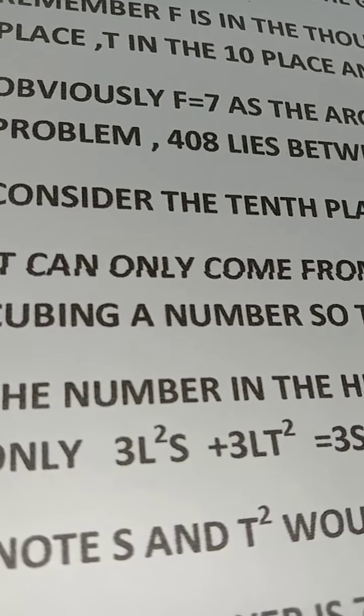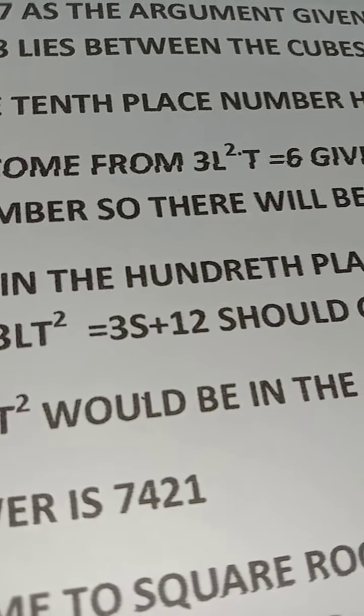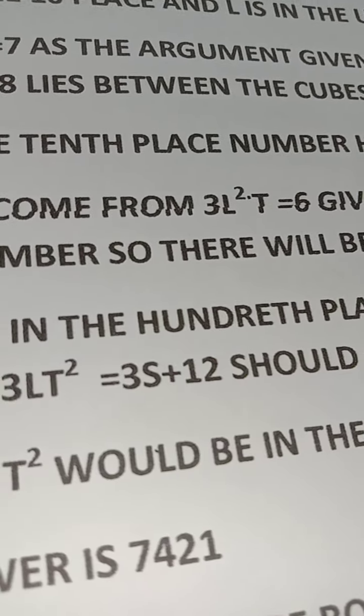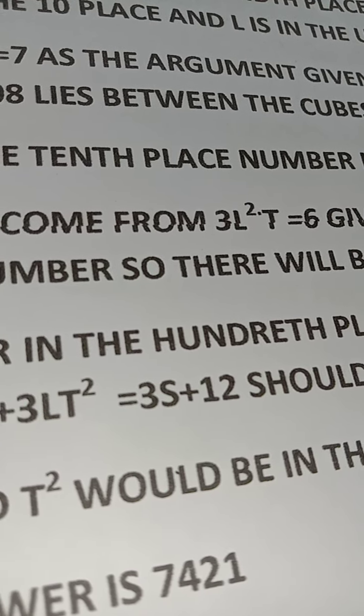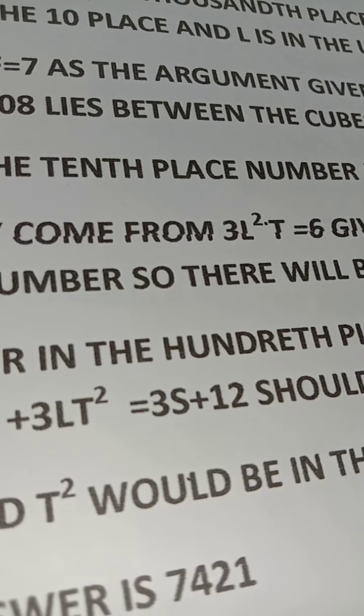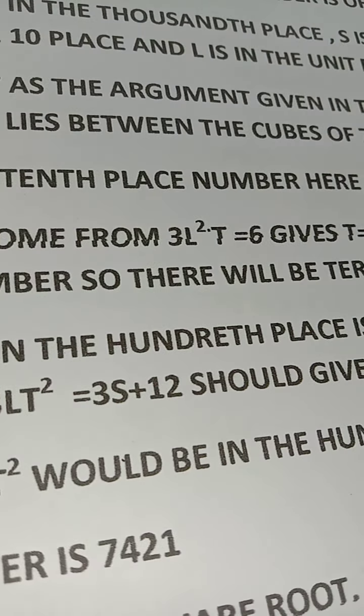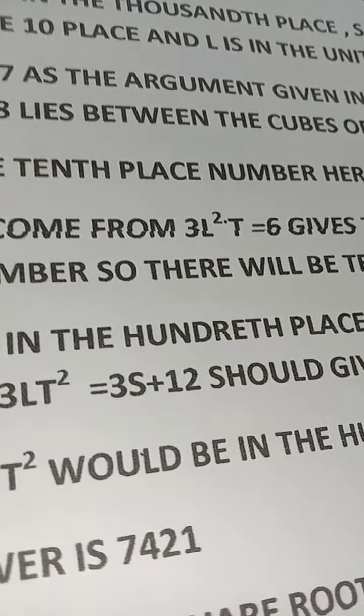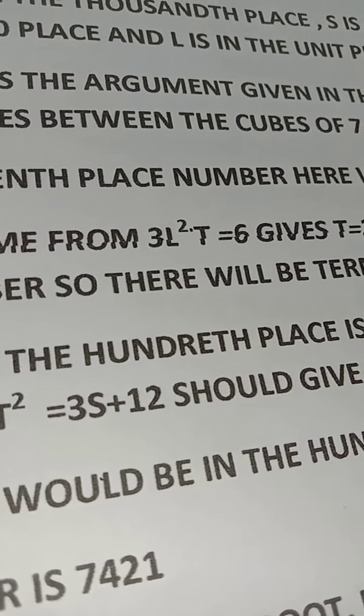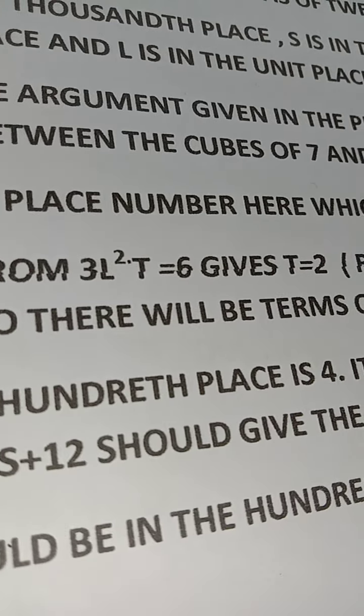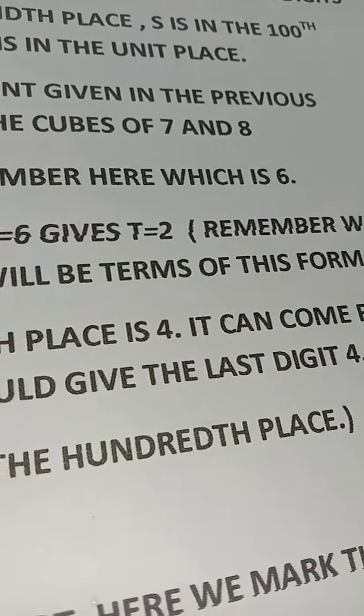Now this can only come from 3L square T, because L is in the unit place and T is in the 10th place, so it will be in the 10th place. So 3L square T gives us, and if it is more than the 10th place, we take the last digit. So 3L square T is equal to 6 gives T is equal to 2.